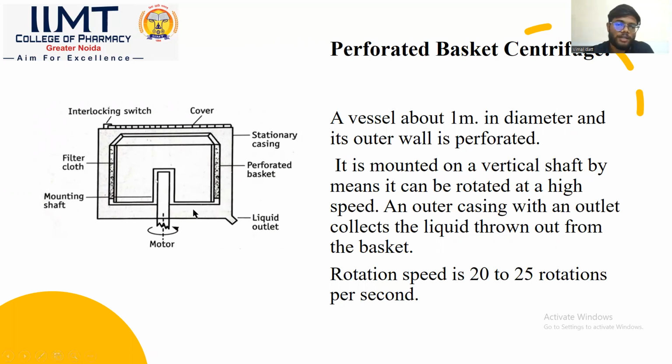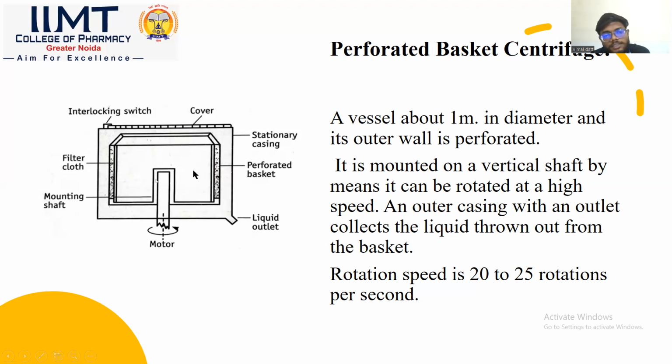So this is the basic diagram of perforated basket centrifuge filtration equipment. In this, it is the filter probe. This is the mounting shaft, and this is the perforated basket. If we rotate this basket, the slurry is filled in this container.